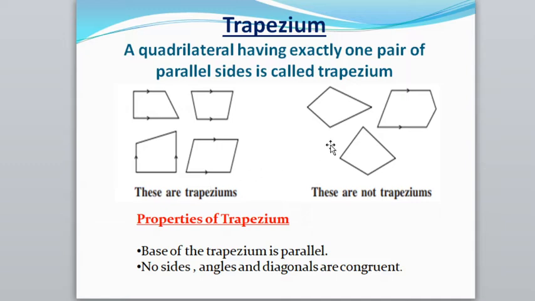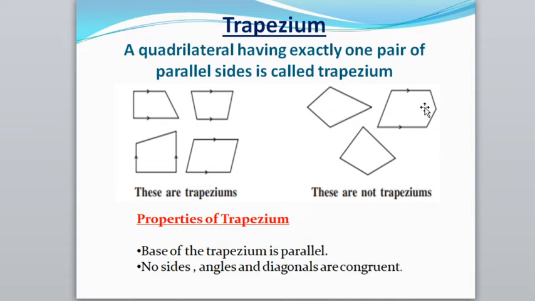Next, it is given that these are not trapezium. Why? In the first figure we notice that no parallel side is present. If no sides are parallel, it is not a trapezium.